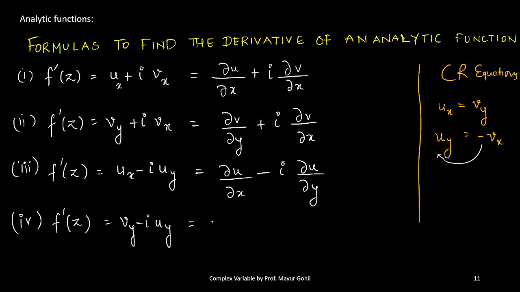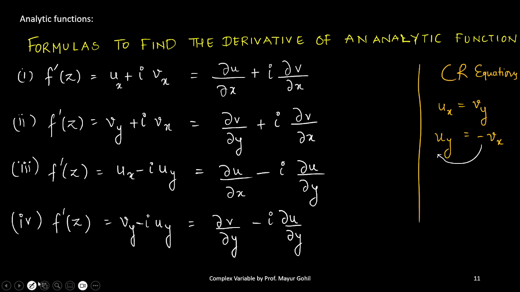This is the last version in which we have dabba v by dabba y minus i times dabba u by dabba y. Now there are four formulas.